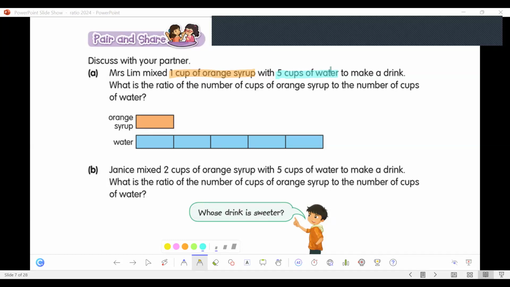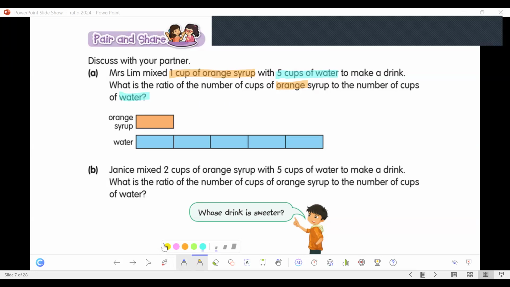So here it says, what is the ratio for the number of cups of orange syrup to the number of cups of water? Based on this model, what will be the answer? So I will write here, the question asks for the ratio for orange to water.